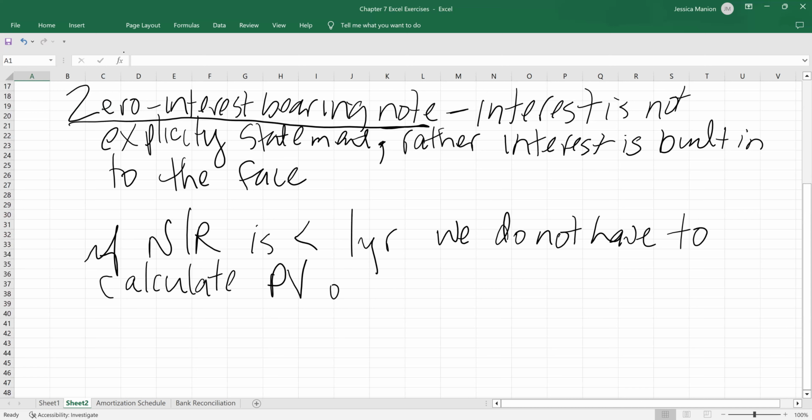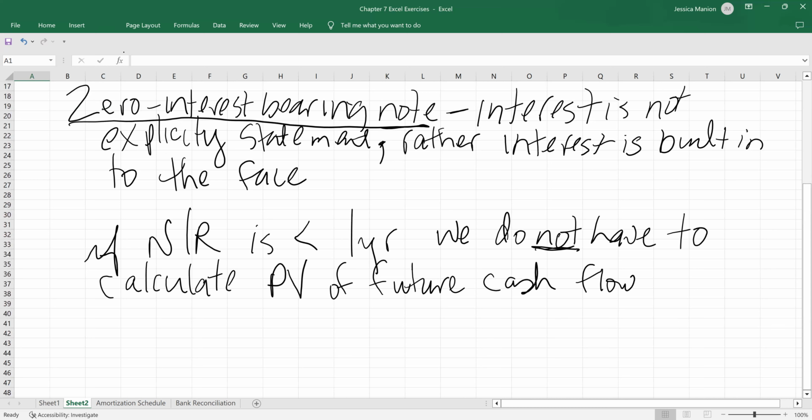If the note has a maturity of less than 1 year, we do not have to calculate the present value of future cash flows.